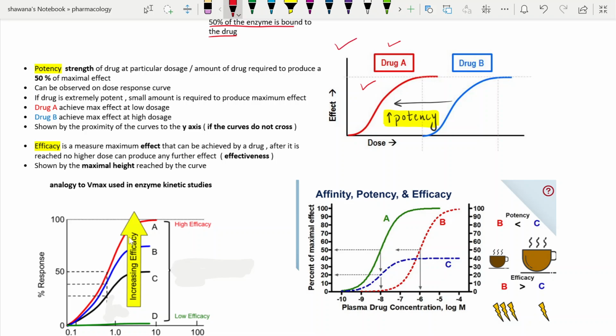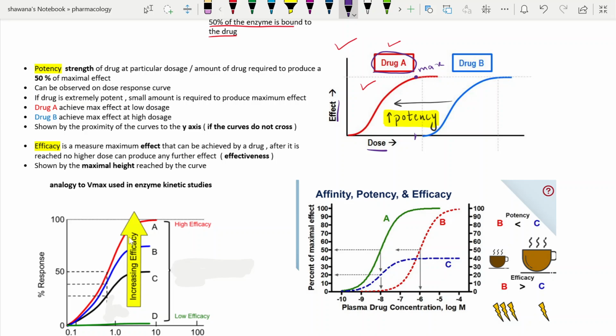Let's see this graph. Drug A has achieved the maximum effect at low dosage. This is the dose effect or dose response curve in which drug A has achieved the maximum at low dosage.